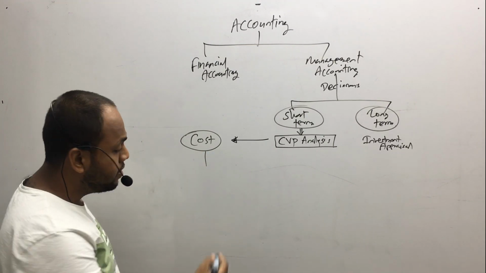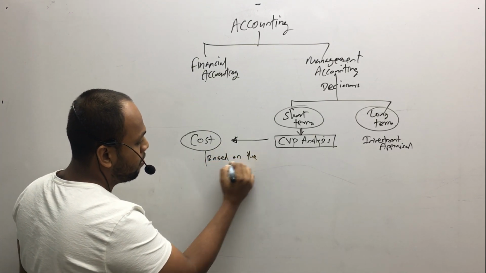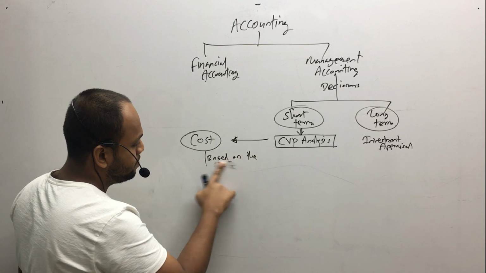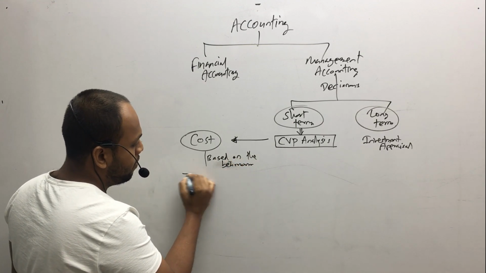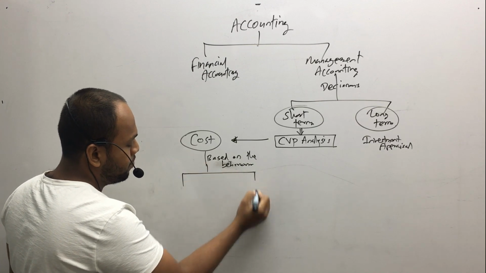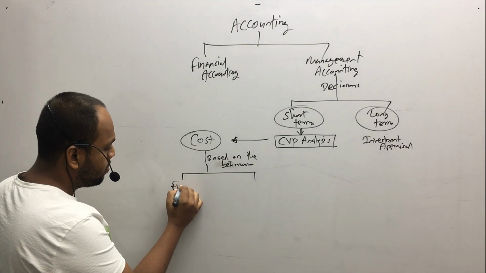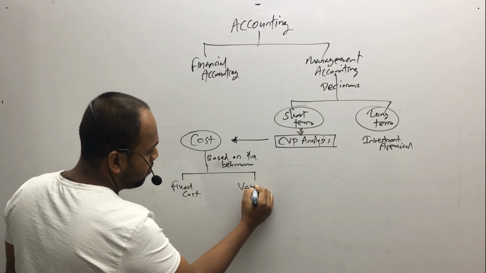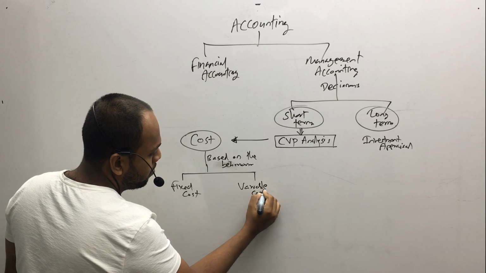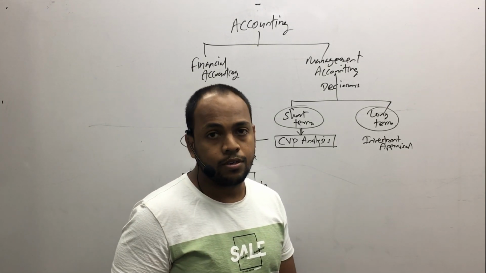We divide the cost based on the behavior into two. One is fixed cost, the other one is variable cost.